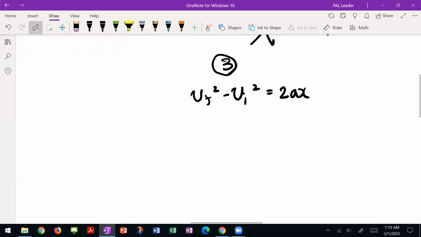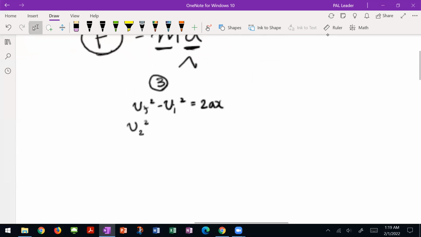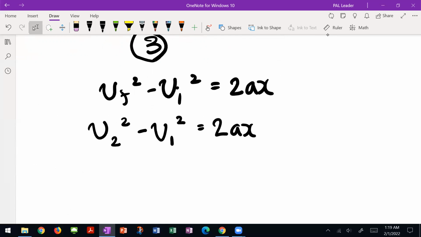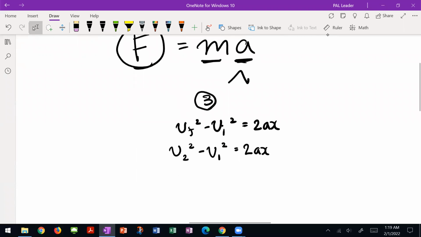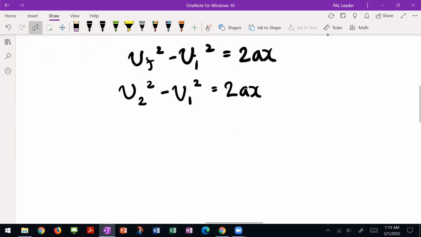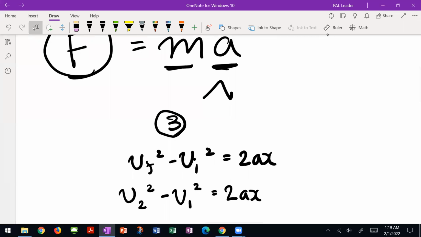And in our problem, that was V2 squared minus V1 squared equals 2AX. We want to find A. So I'm going to divide both sides by 2x and flip it. I hope that's not skipping too many algebra steps for you.